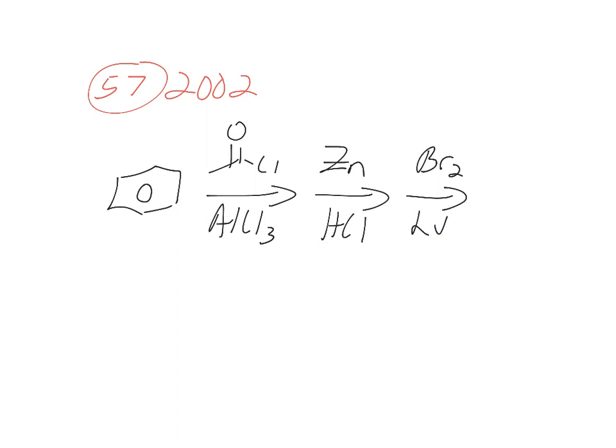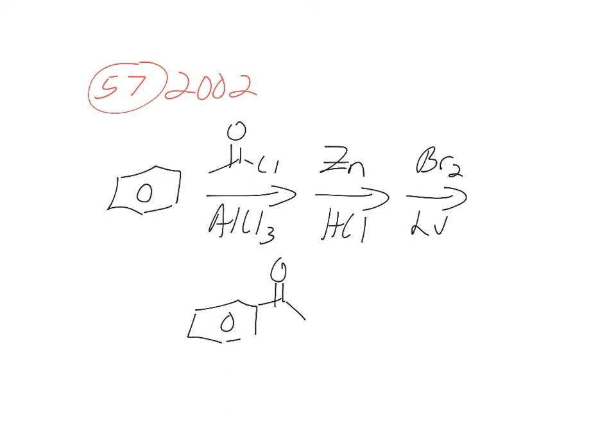Right, taking a look at 57 in 2002, the first step is going to be a Friedel-Crafts acylation. The nucleophile is the ring, so it's like an electrophilic aromatic substitution. So the first step, you would have added that.